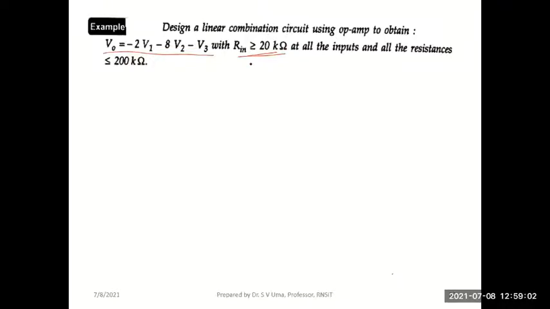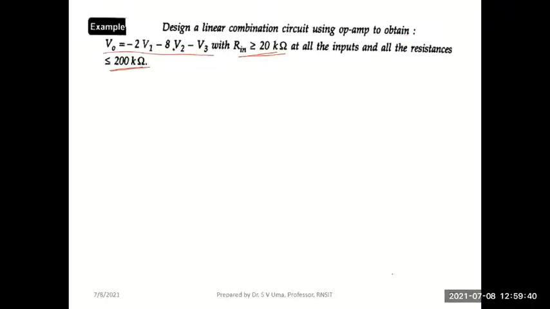That means I can use the approximate expressions which we have used. So we can use the approximate expressions which we have used and analyze to get the correct output. So you can assume this, and all the resistances in the circuit should be less than or equal to 200K. Another condition he is putting, you have to take care of that when you design the summing circuit.